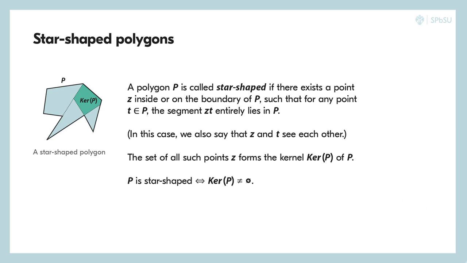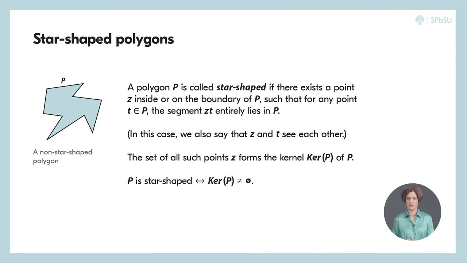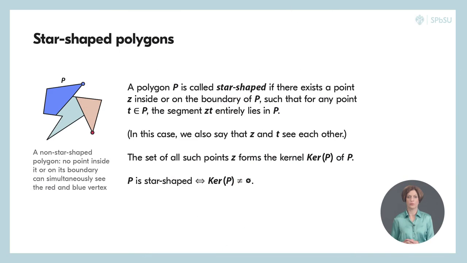An example of a star-shaped polygon is provided on the left in this slide. And this polygon is not star-shaped. To see why, consider its red and blue vertex. The region of P consisting of the points that can see the red vertex is highlighted light red.